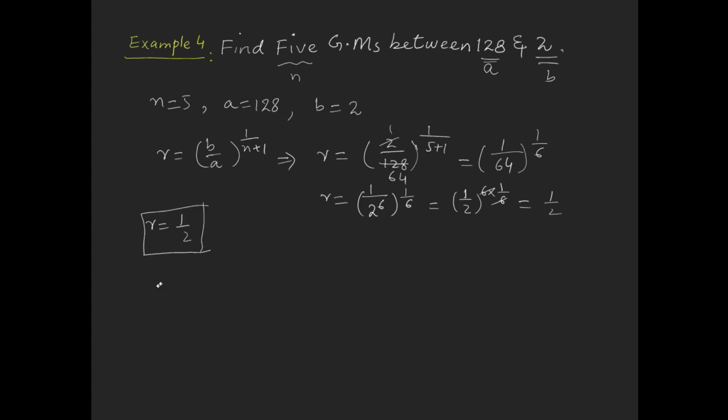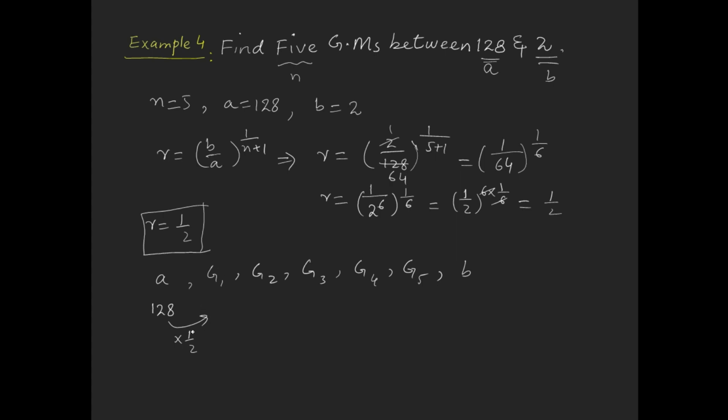Now what is a? A is 128 and first geometric mean, second, third, fourth and fifth, and then b. Now each time we will multiply the previous term by 1 by 2 to get the next term. If we multiply a, which is 128, with 1 by 2, we get the first geometric mean.